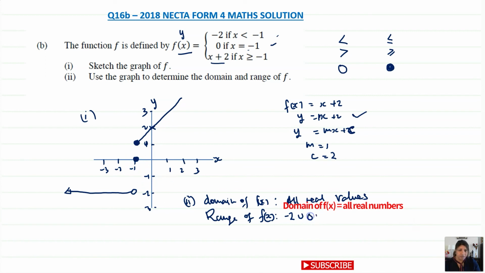So 0, union, nothing in between here is valid, and then it starts again from this value, where y is going to be anything from that point upwards. So union, y greater than or equal to 1. Range are the values of y. And this is the solution to 16b.